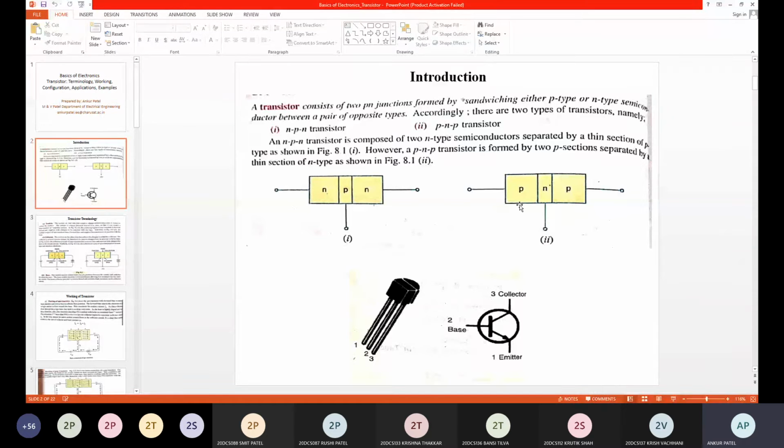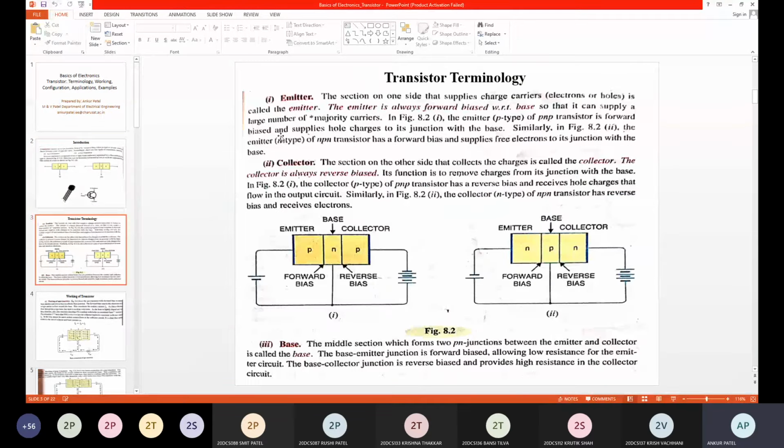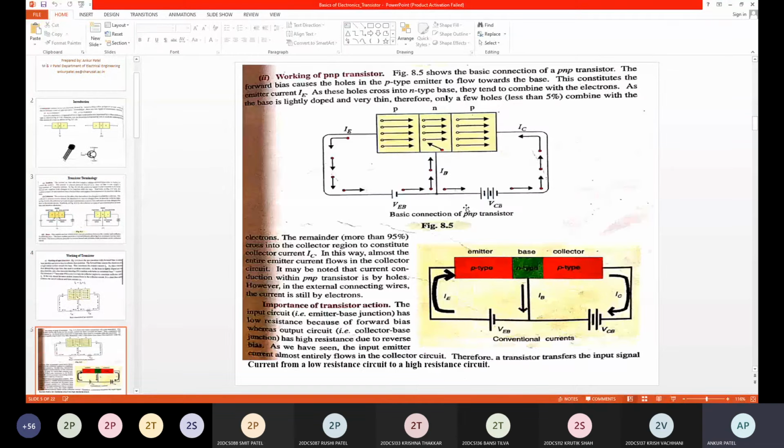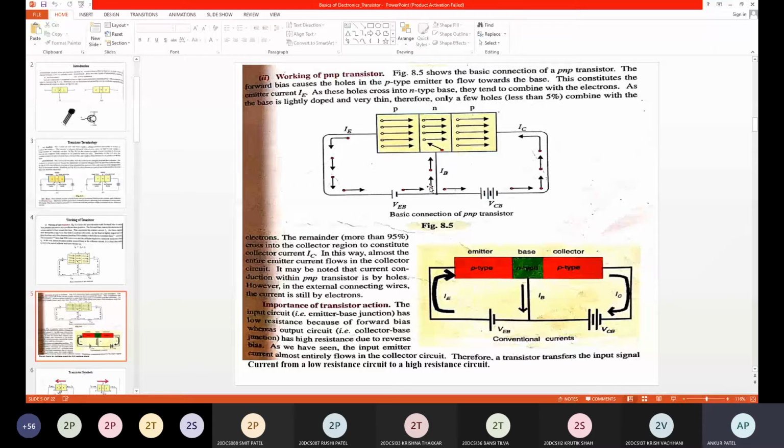So that's why I have kept it from the basics, starting from its terminology, then how all three terminals work, or how it can conduct the current according to its doping in the circuit. Then the working of the NPN and PNP transistor, and the function of the battery voltages VEB and VCB.